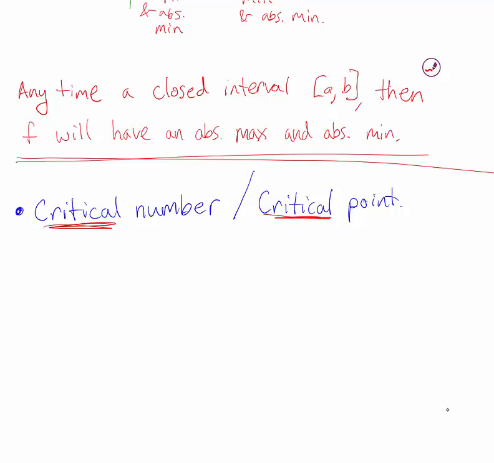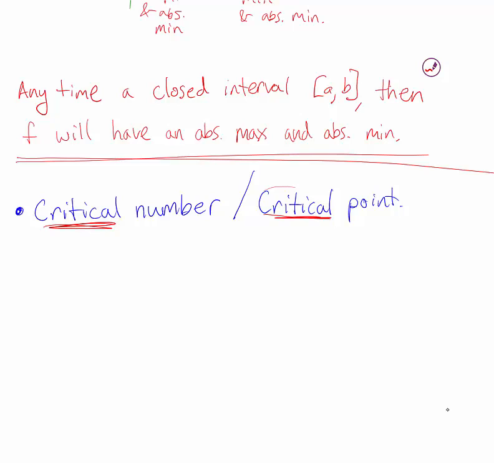Critical points are just where you could have an absolute maximum or an absolute minimum. Once in a while there won't be a relative maximum or a relative minimum at the critical points, but really it's where the derivative is equal to 0 for the most part, or where the derivative doesn't exist.